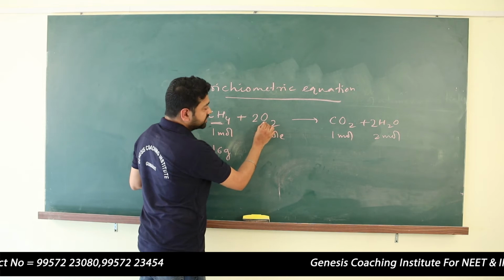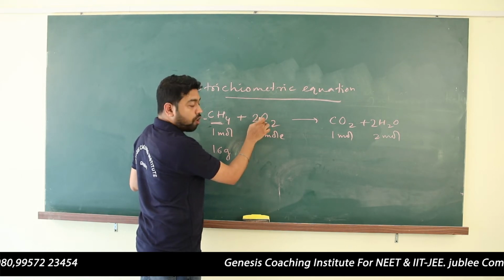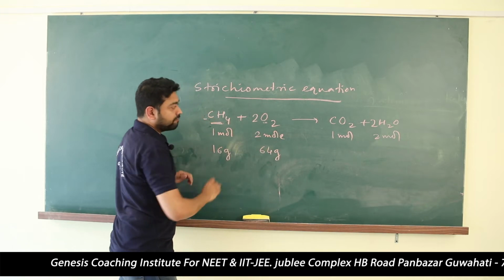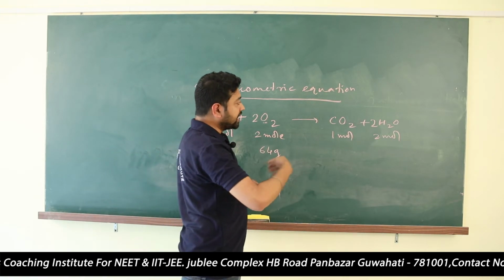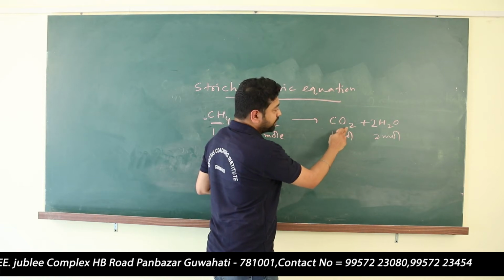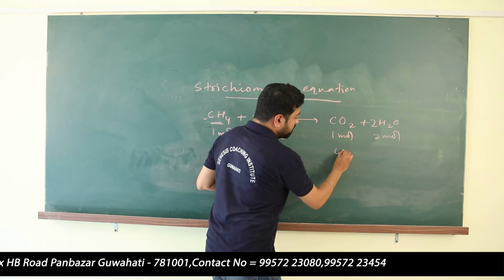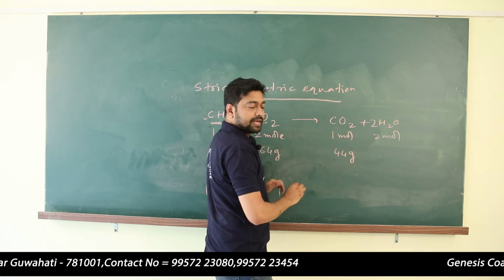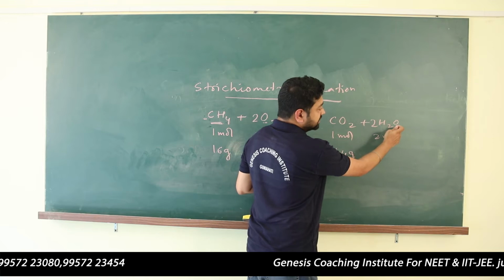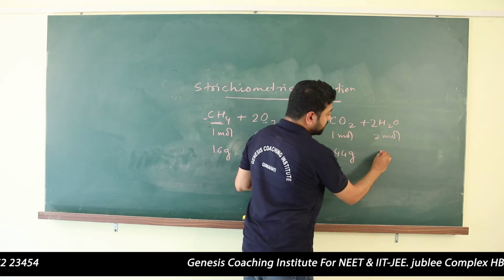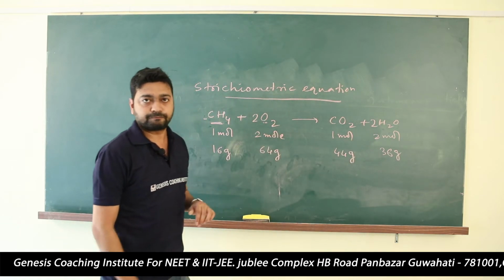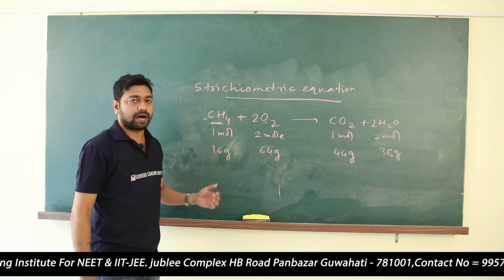Oxygen, O2, is 32, into 2, so 64 gram of oxygen, to give carbon dioxide, 12 plus 32, which is 44 gram, and H2O, 2 plus 16 is 18, 18 into 2 is 36 gram of water. So this is in terms of mass.